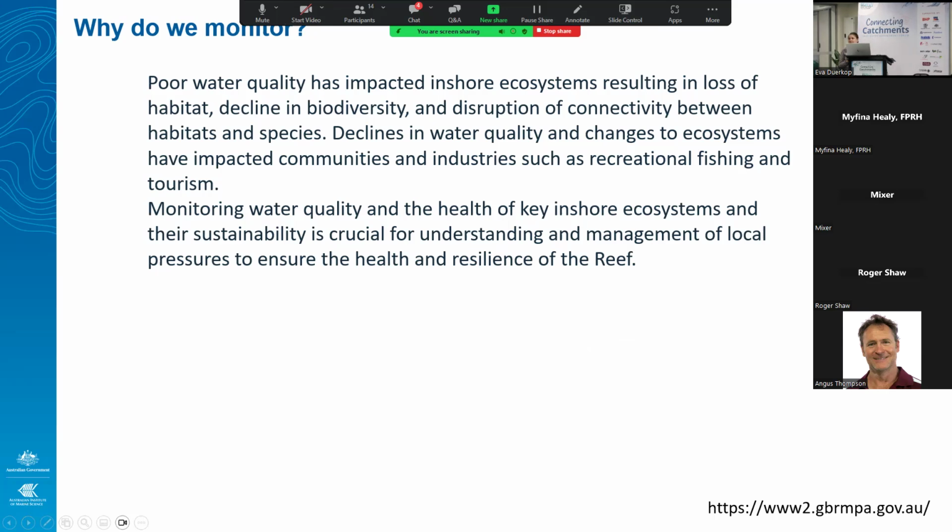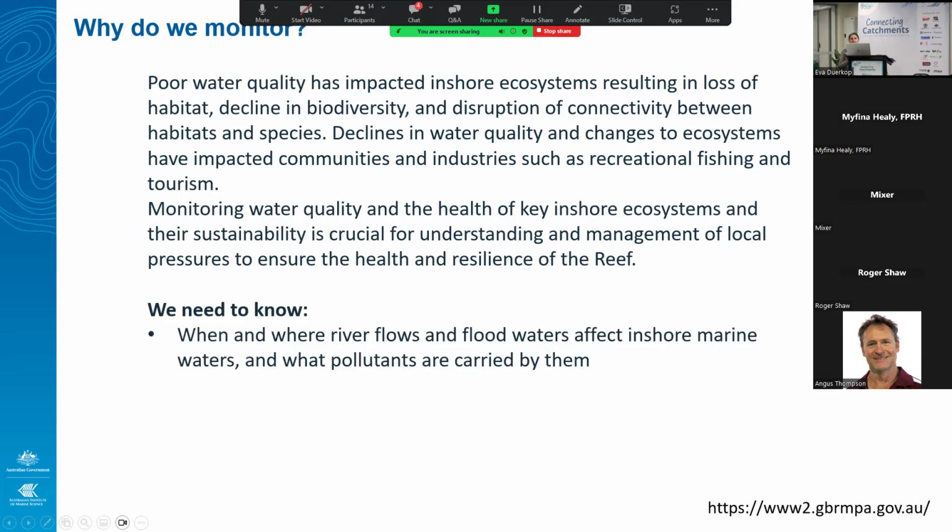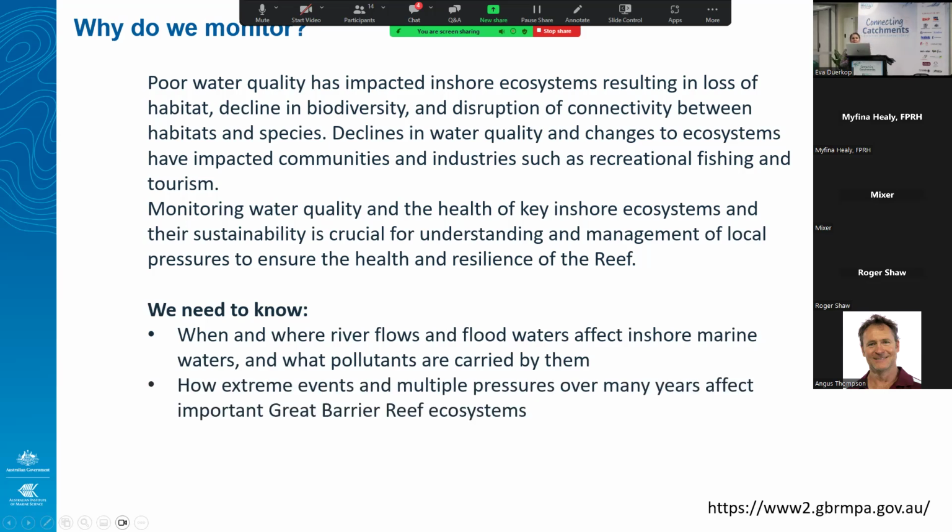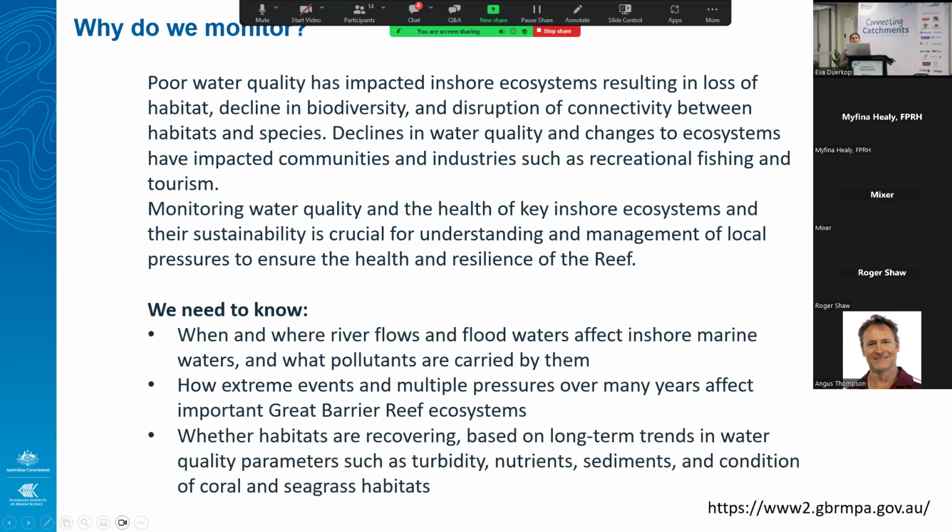The marine monitoring program was designed to help us to understand when and where river flows and floodwaters affect inshore marine waters and what pollutants are carried by those waters, how extreme events and multiple pressures over many years affect important Great Barrier Reef ecosystems, and whether habitats are recovering based on long-term trends.